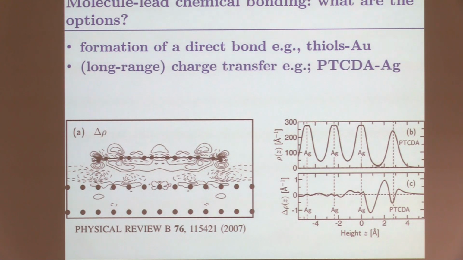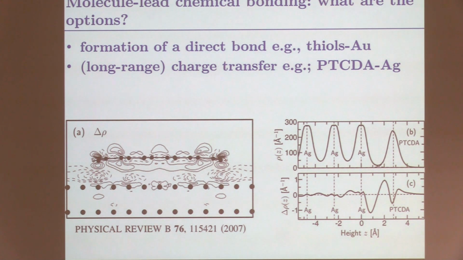Now, you could also have a different effect: charge transfer between molecules and metals. Again, I'm going back to PTCDA. If you go from PTCDA on gold to silver and copper, you change the work function of the metal. The Fermi level goes up, so it becomes more likely that the LUMO of the molecule would be below the Fermi energy, so you need a charge transfer to keep the system in equilibrium.